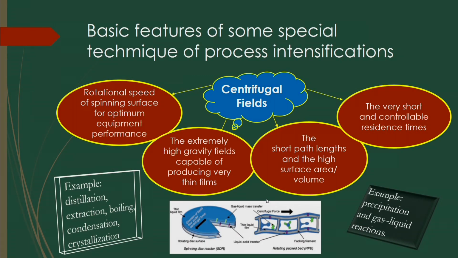So, short path lengths and a high surface area to volume ratio can be generated by the centrifugal action, because of which you can get more mass transfer, because mass transfer is directly related to the surface area per unit volume, that is called interfacial area. So, interfacial area and also contact time are both main important factors for the intensification of mass transfer, and based on which the separation processes of chemical engineering operations.